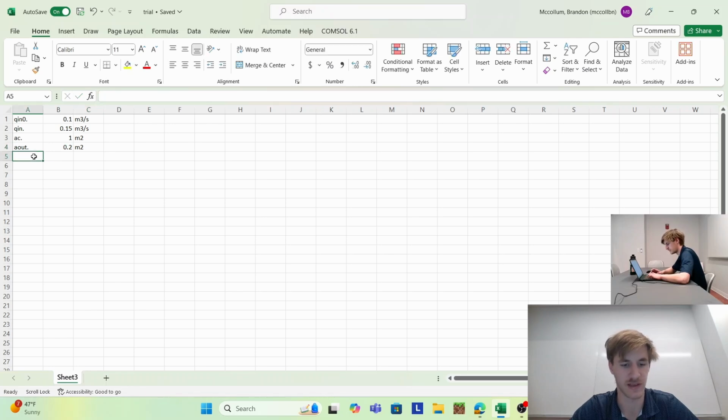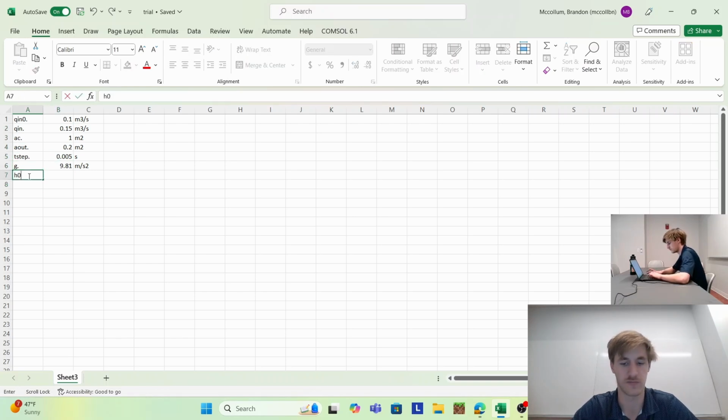We also need a time step, so I'm going to make that small, 0.005 seconds, and we need gravity, so 9.81 meters per second squared. And then I'm going to go through and name all of these, using the name box at the top left.